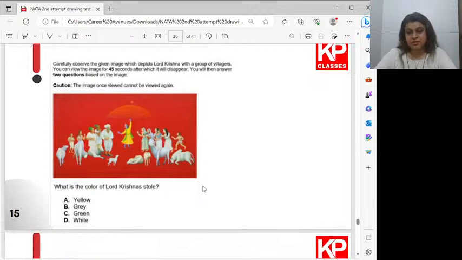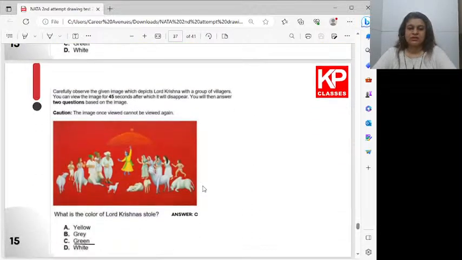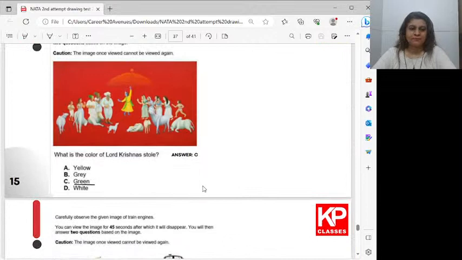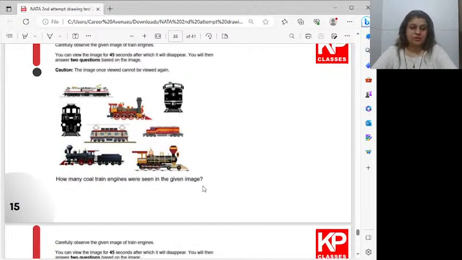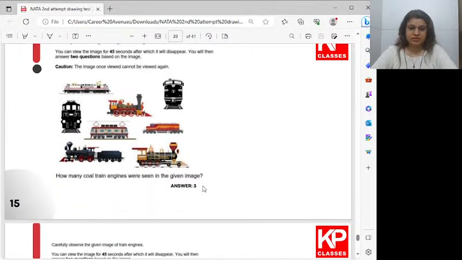Then again the same image has been shown and it has been asked what the color of Lord Krishna's stole is. It's green. The answer is green. Then another image has been shown and there is a series of questions related to it. How many coal train engines were seen in the given image? The answer is 3.